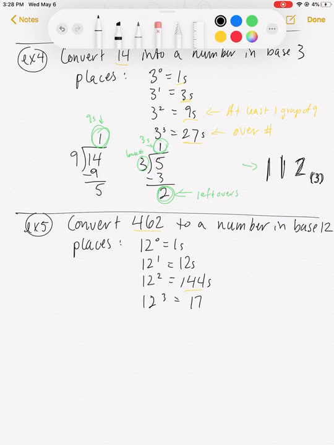I get 1728 again. And that's over the number here. So that means there's at least one group of 144 in my number.